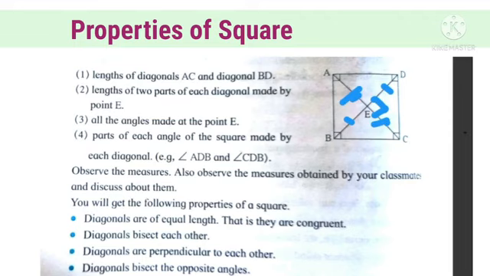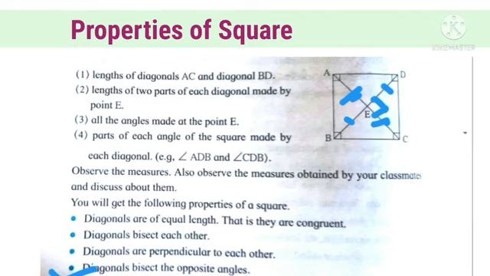And last one, diagonals bisect the opposite angles. Diagonal bisects the opposite angle. What does it mean? See, this is diagonal PD. Bisect opposite angles means these two angles are congruent.